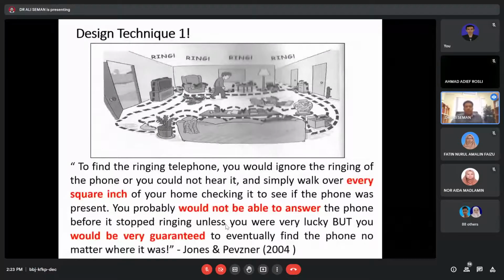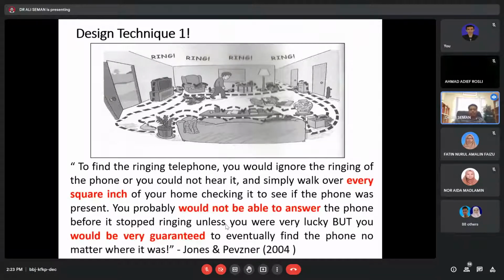Okay, this is the first design technique, design technique 1, based on the analogy I gave you just now. Based on the analogy, to find the ringing phone, you would ignore the ringing of the phone, or you couldn't hear it, and simply walk over every square inch.